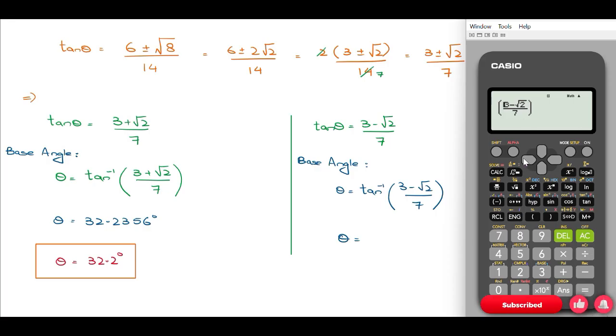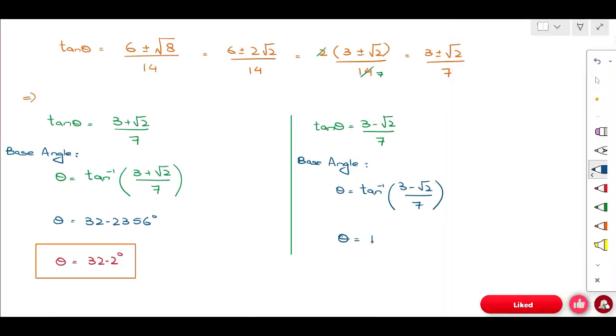For this, if you apply tangent inverse of this, which is 12.76, it is 12.8 degrees. 12.8 degrees up to 3 significant figures.